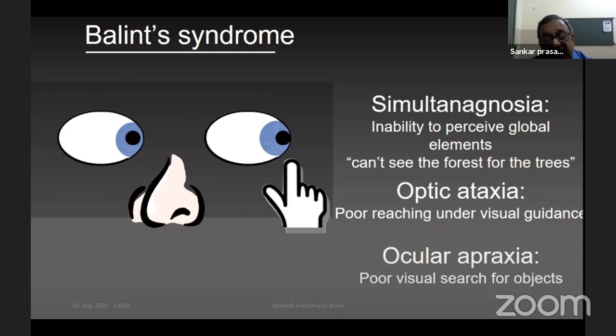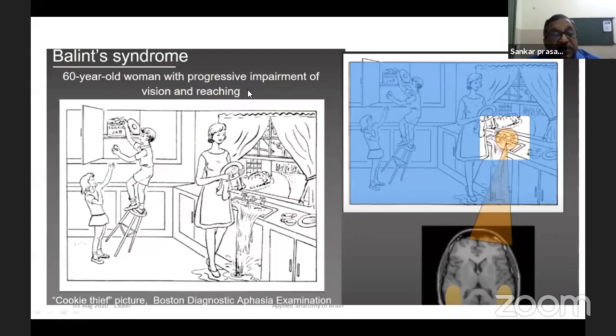One is optic ataxia, that is poor reaching under visual guidance, and poor visual search for objects is ocular apraxia. So ocular apraxia, optic ataxia, simultanagnosia, this is Balint syndrome, which is again seen in occipital lobe infarction. This is what I am trying to say, that if you ask them to explain the whole picture, they will not be able to explain.